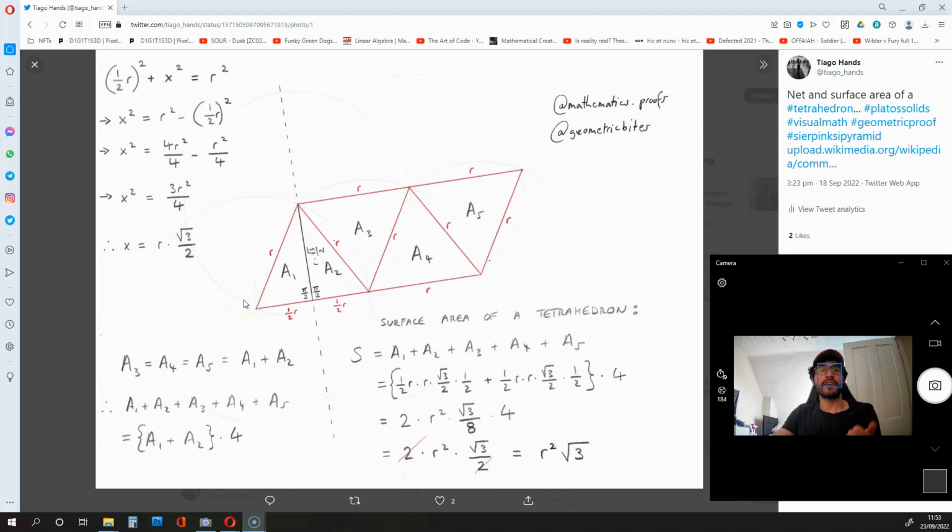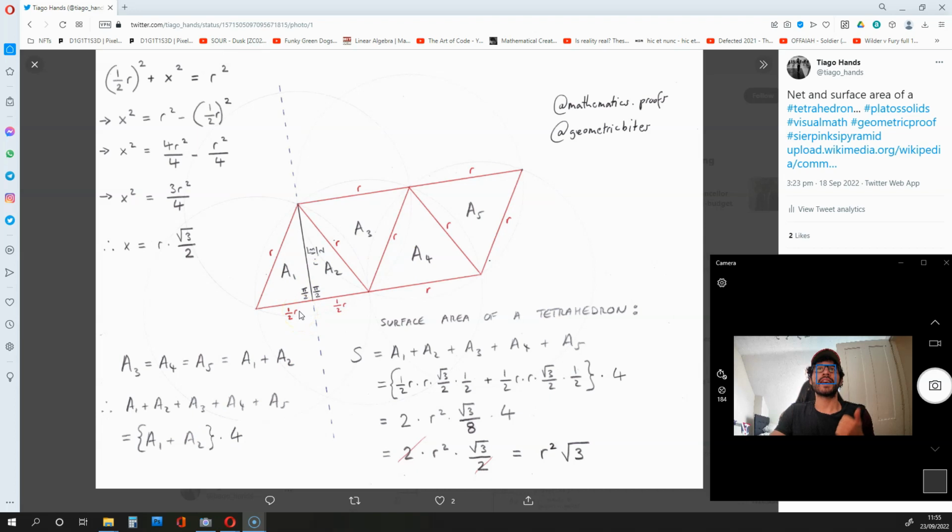Now, another very important thing is this. Because A1 plus A2 is equal to all of this over here, the surface area of the entire tetrahedron is going to be 4 times A1 plus A2. Okay, so we get A1 and A2 and we multiply it by 4, and that is the entire surface area.